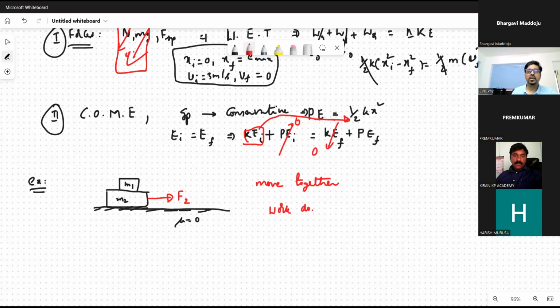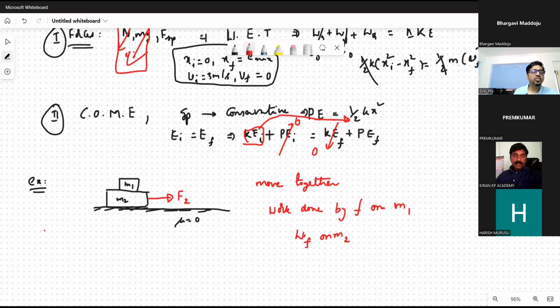Work done by friction on M1. Similarly, work done by friction on M2. These two questions we have to solve.